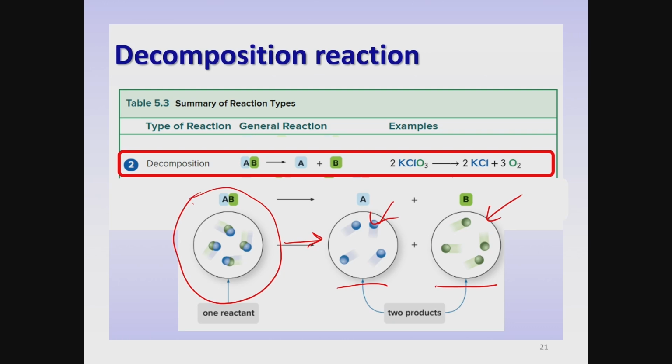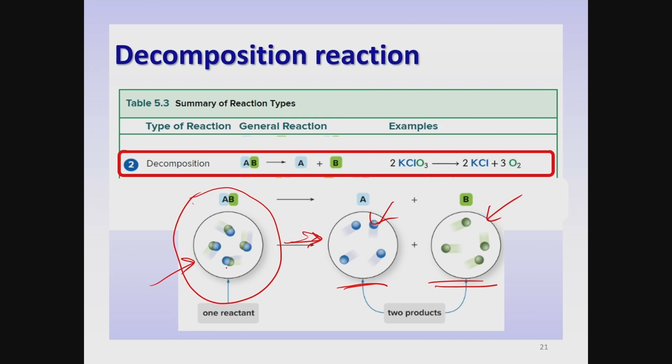But other possibilities exist. You can produce 3 elements, you can produce 3 compounds, or 2 elements and 1 compound, and so on and so on. But the key to figuring out whether you have a decomposition reaction is what you start with. You must start with only one compound, and again, it breaks up into individual elements or compounds.